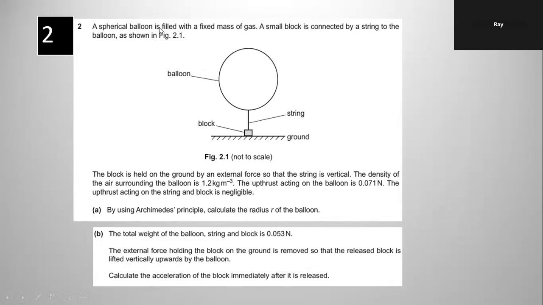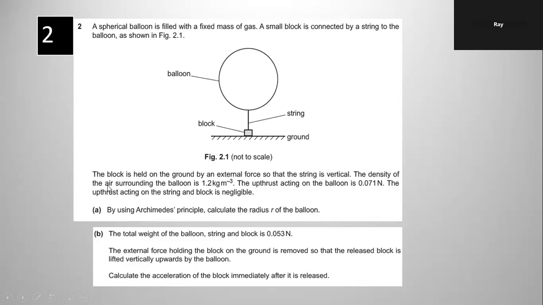A cylindrical balloon is filled with a mixed mass of gas. A small block is connected by a string to the balloon as shown in figure 2.1. They are very kind. They are giving you the diagram, not to scale. The block is held on the ground by an external force so that the string is vertical.